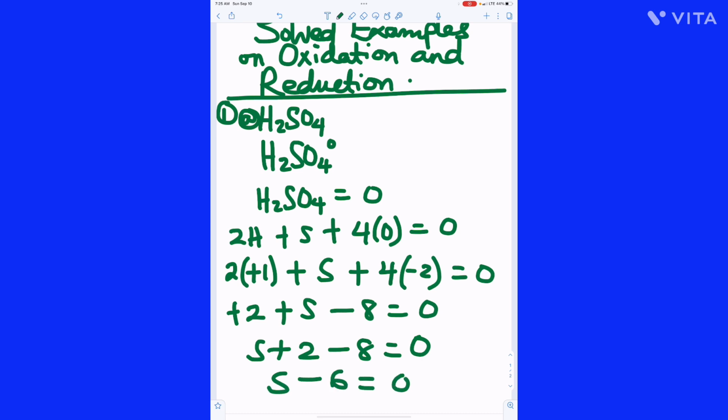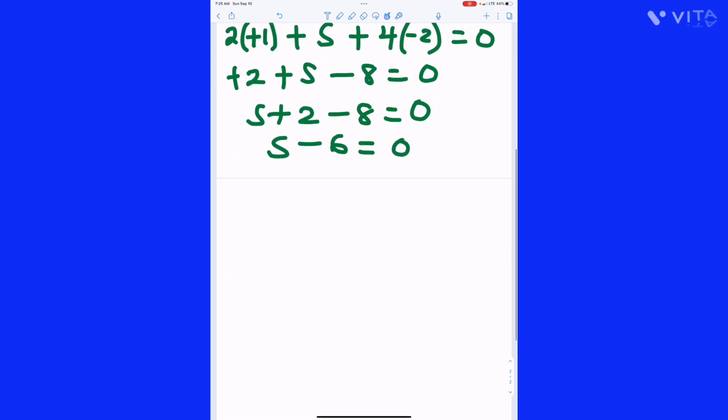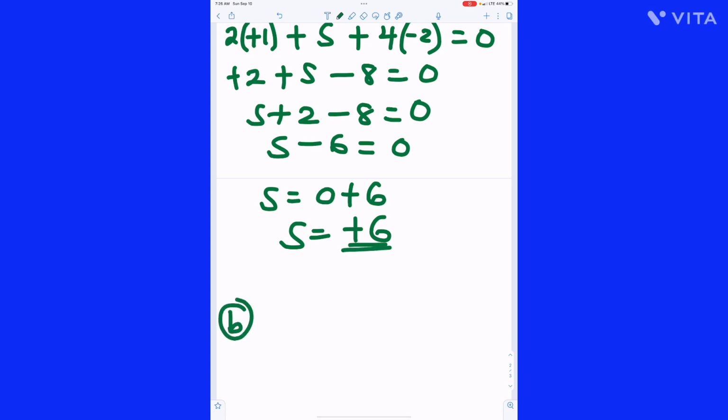S minus 6 is 0. That gives us S is 0 plus 6, and S is +6. So the oxidation number of sulfur in H2SO4 is +6. Let's continue.